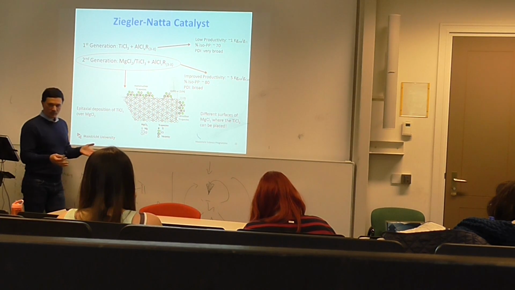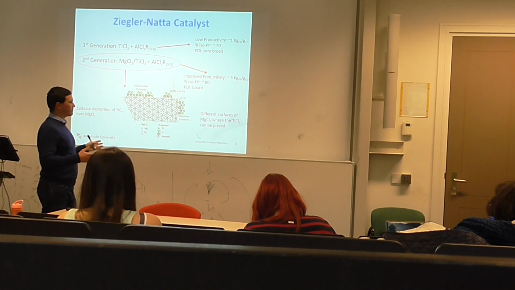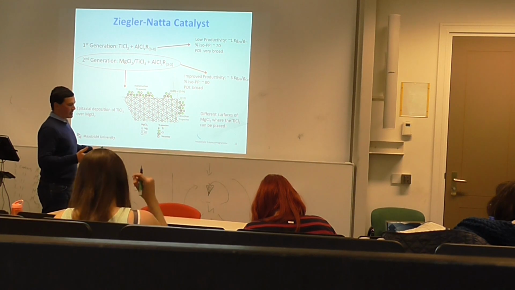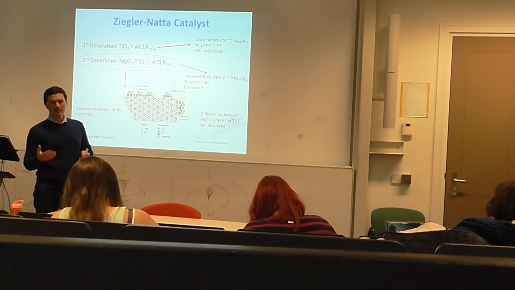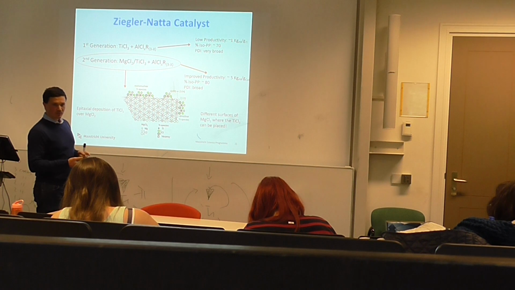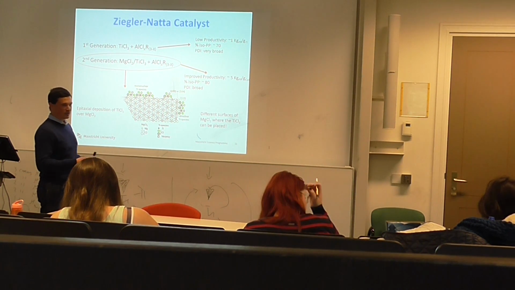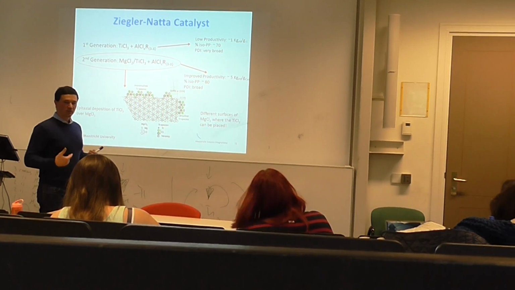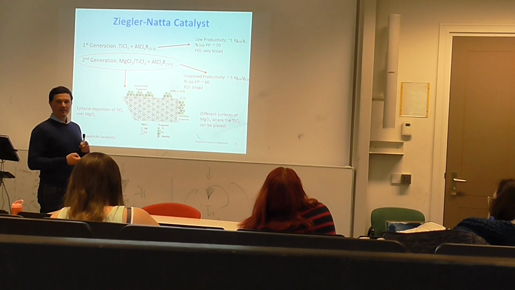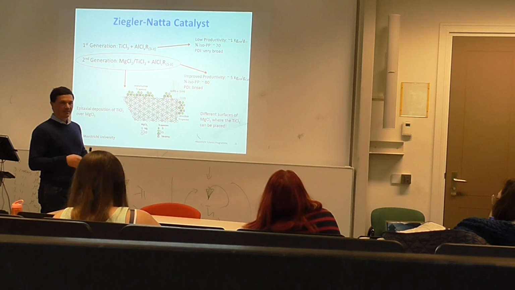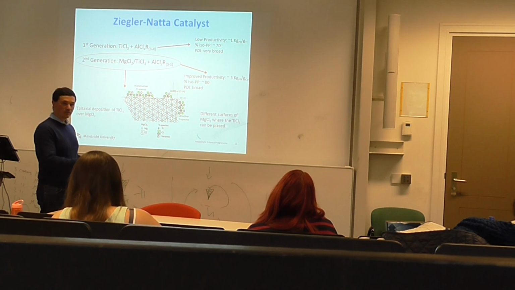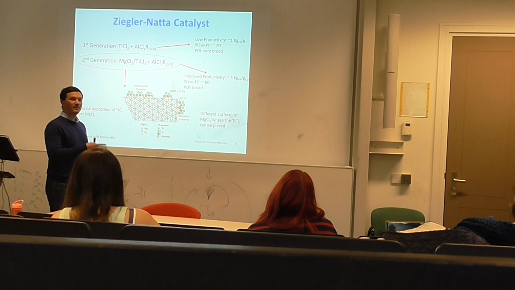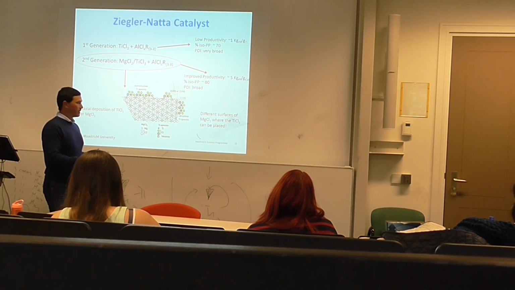Why do you have a distribution? The chain can be cut according to the conditions you are using. Generally, as I say, at 80 degrees, you are giving a lot of energy. So the site can cut the chain randomly according to the energy you are giving. So it does not always cut the chain at the same time.